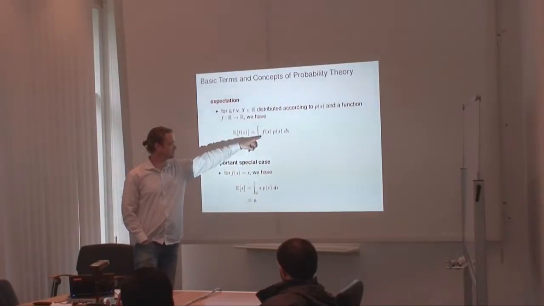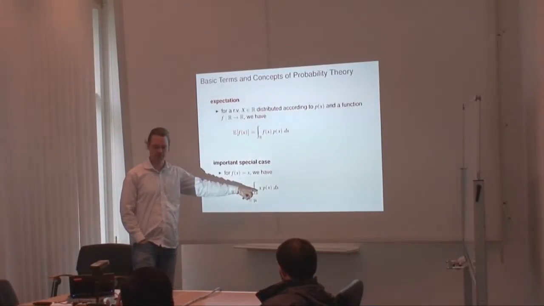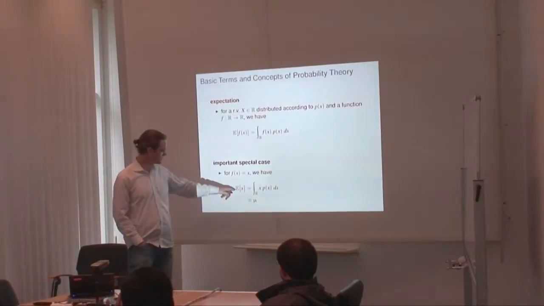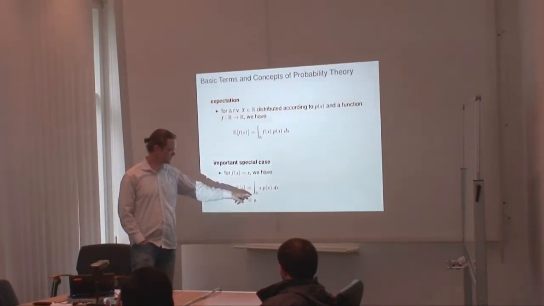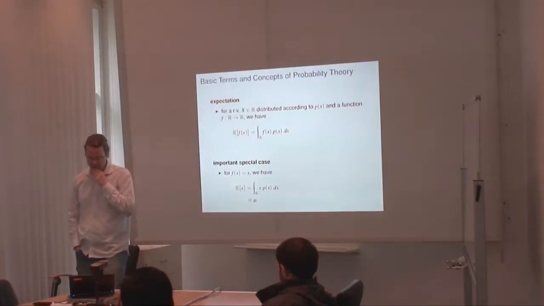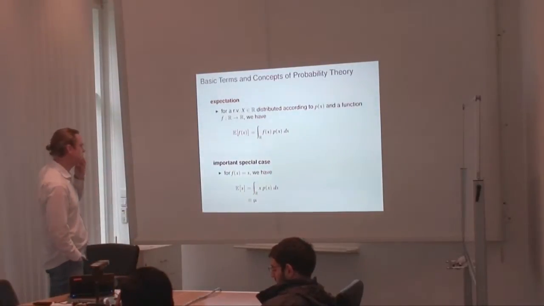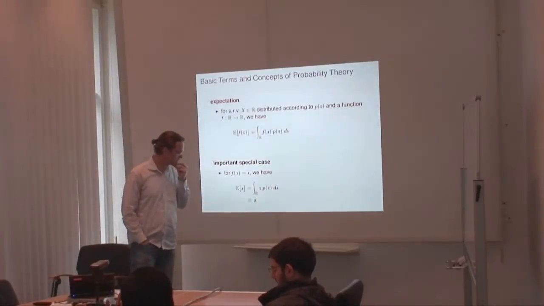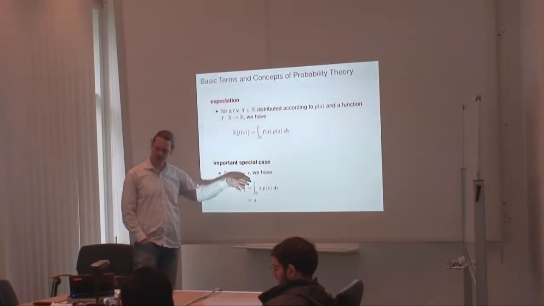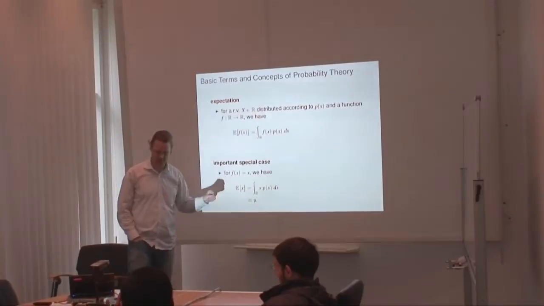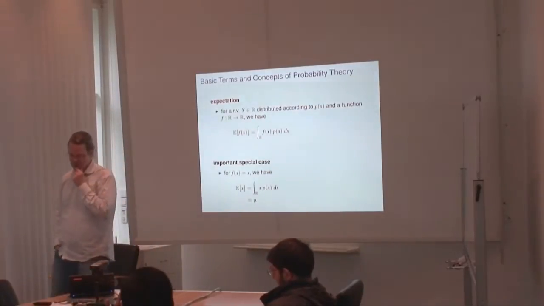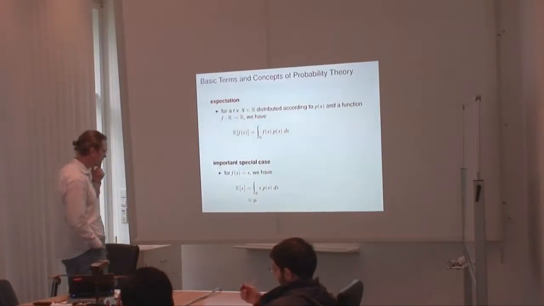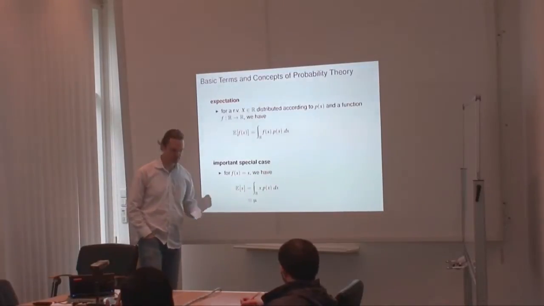Instead of f of x, we just plug in x here and have that the expectation of x is the integral over, in our case, all the real numbers, x times p of x dx. And last time, we called the result of this integral mu, Greek letter mu here.